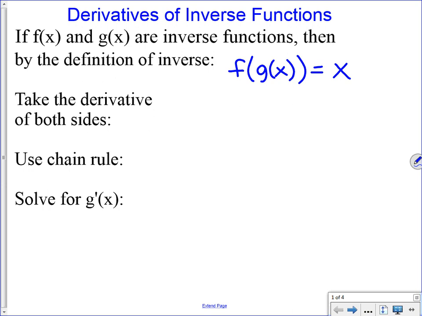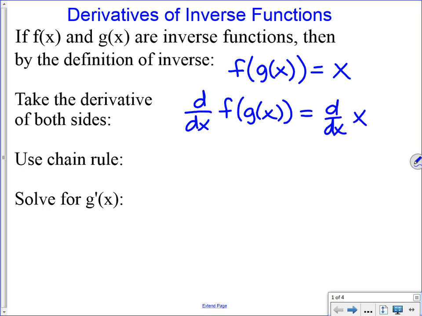All right, so we want to find the derivative. So we're going to take the derivative of both sides. I'm just going to use my derivative operator, writing it in front of each side. Now to find the derivative of the left side, we'd have to use the chain rule because we have a composition, f of g of x.